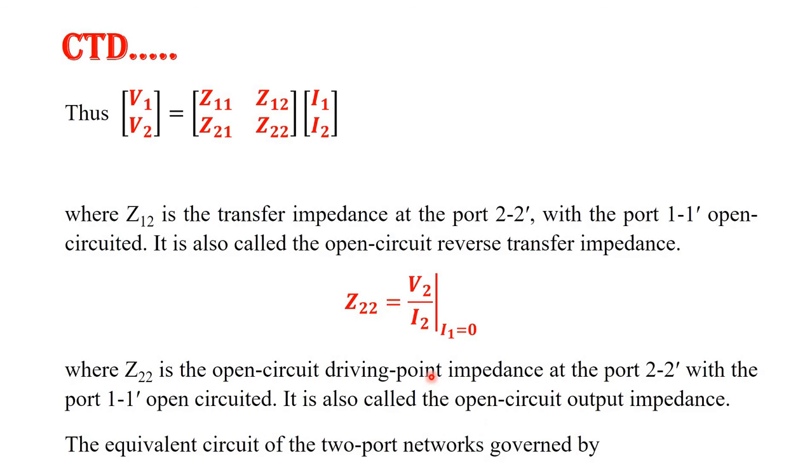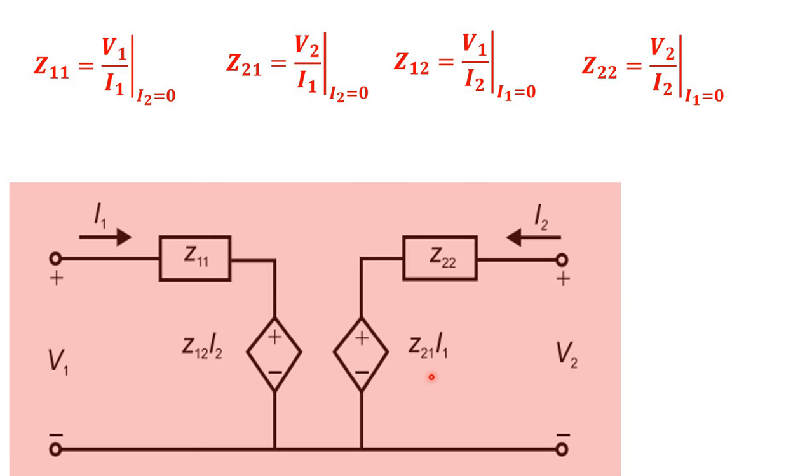The equivalent circuit of the two-port network is governed by Z11 equal to V1 by I1, Z22 equal to V2 by I2. These are the transfer impedances Z21 and Z12: V2 by I1 when I2 equal to 0, and V1 by I2 when I1 equal to 0.